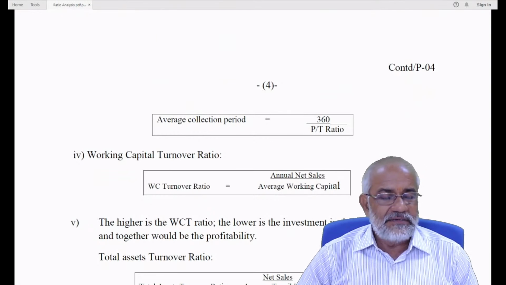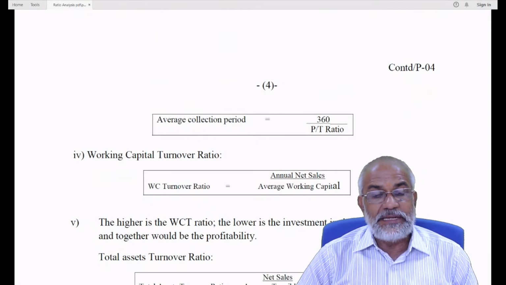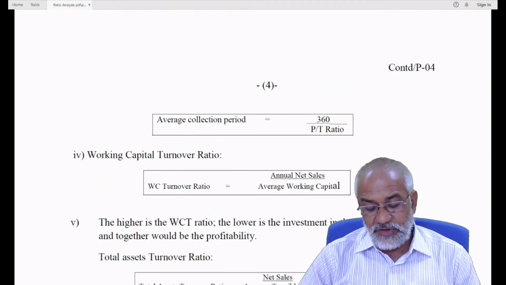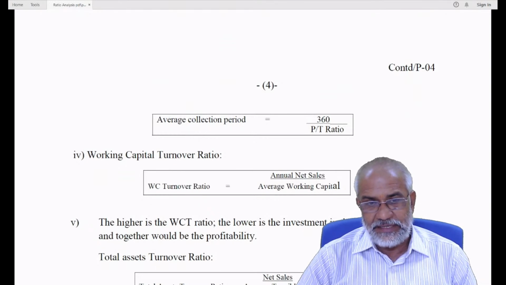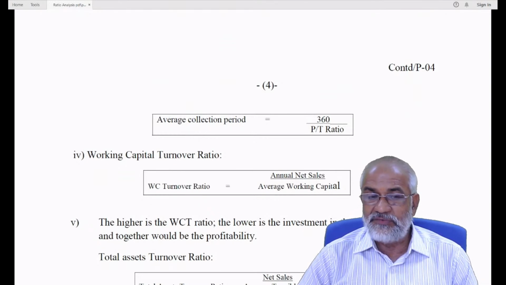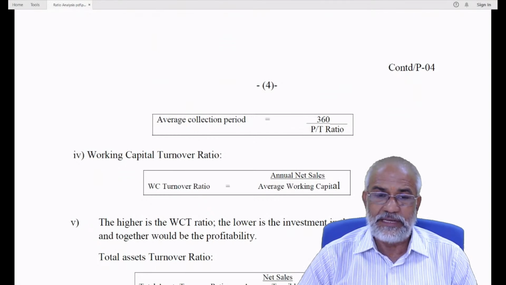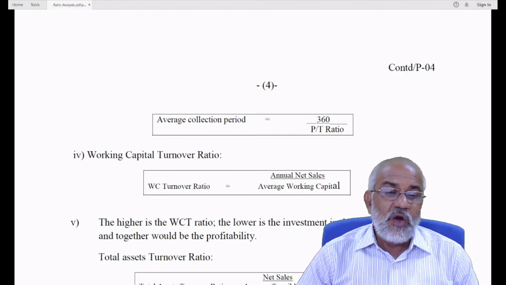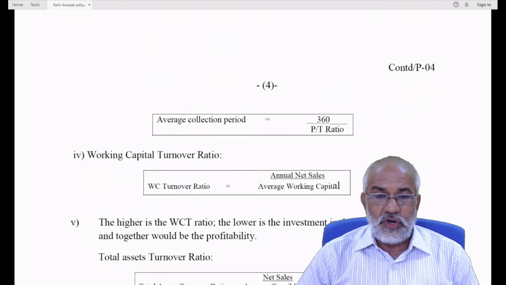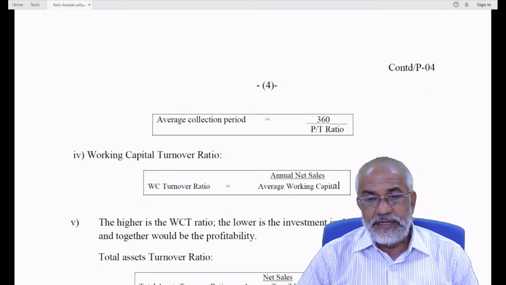Then the next turnover ratio is the working capital turnover ratio. Working capital means current assets minus current liabilities, or the net current assets or the free current assets. That is called working capital. Working capital turnover ratio is computed by dividing the annual net sales.